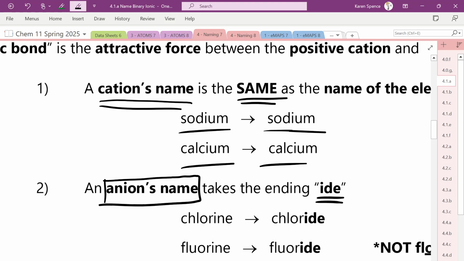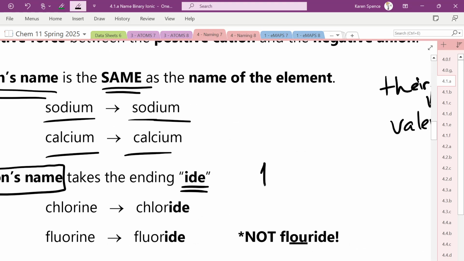Okay? And just so we're clear, you'll always have one syllable plus "ide." There are a couple of exceptions to that, but I'm not even going to mention them because they're not very important. And I want you to get that in your head, that one syllable plus "ide."